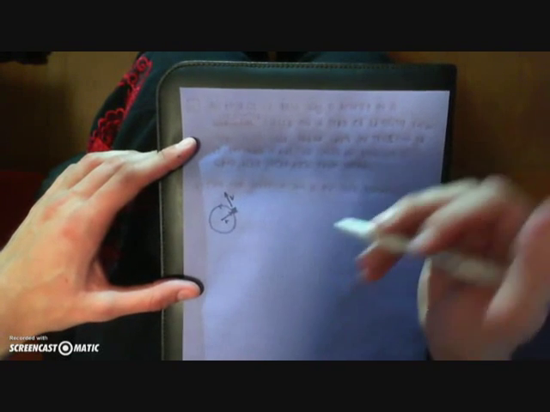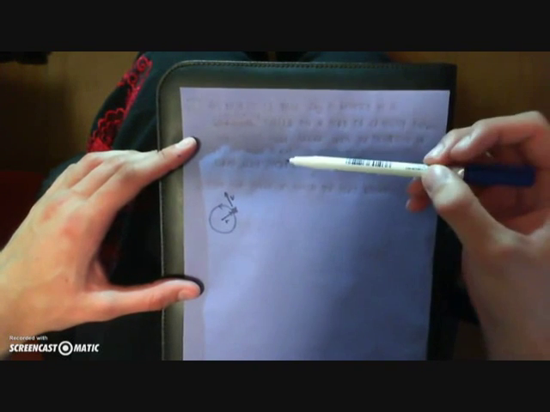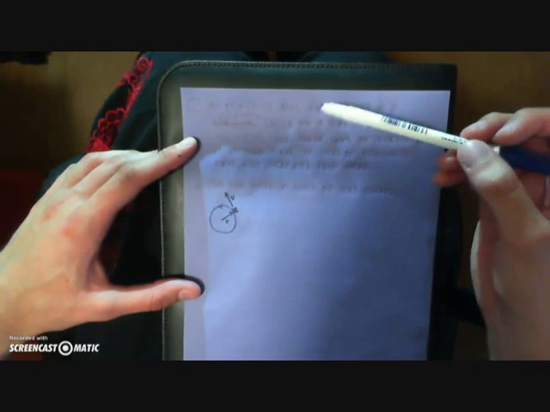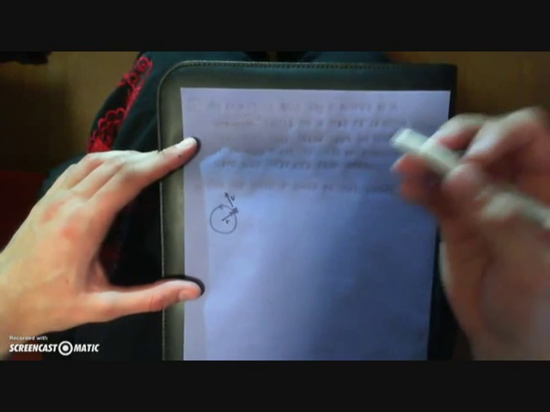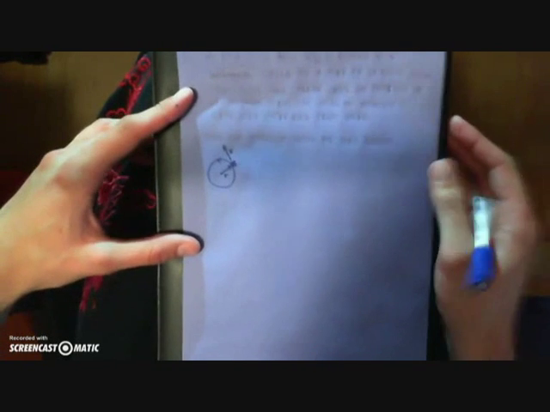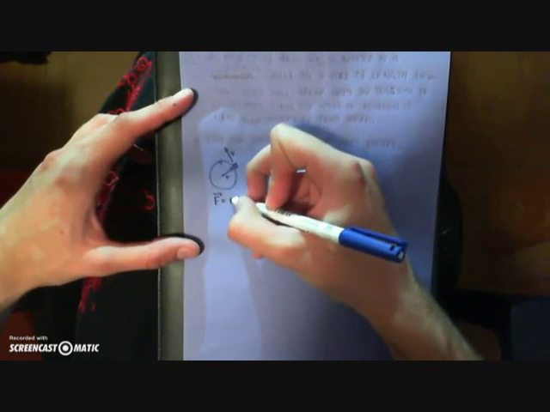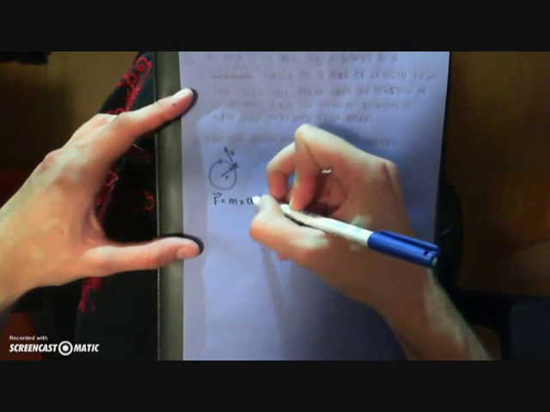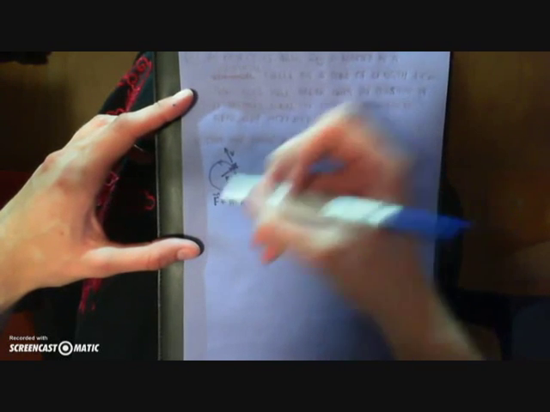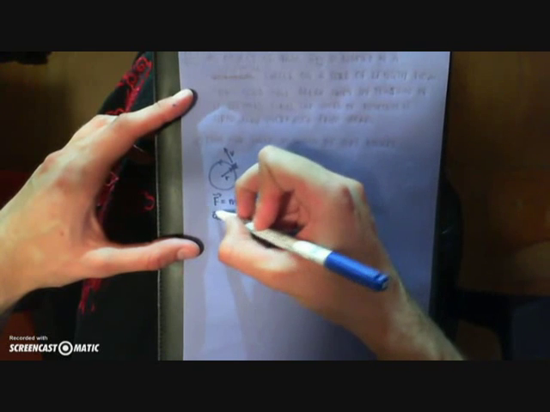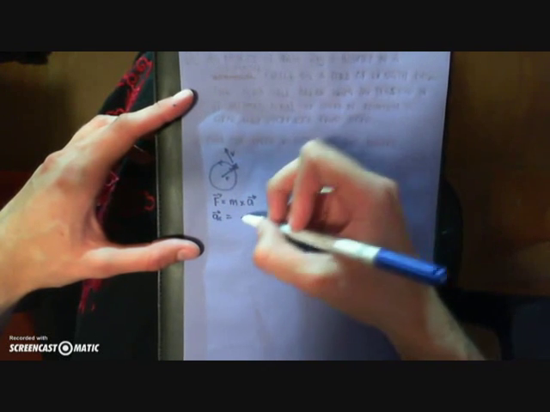Okay, so what do we know? We know the force, the mass, and we need to find the acceleration, so we can start with that. So we know the formula from Newton's law, being force equals mass times acceleration. Now, we need to find the acceleration, so we can rearrange the equation.